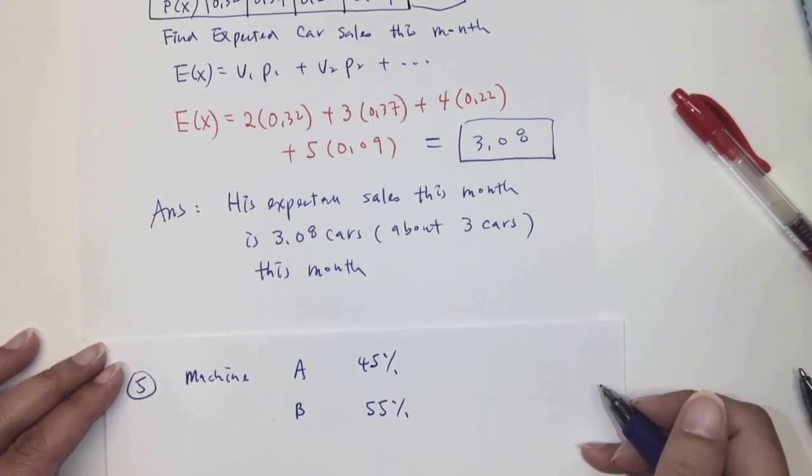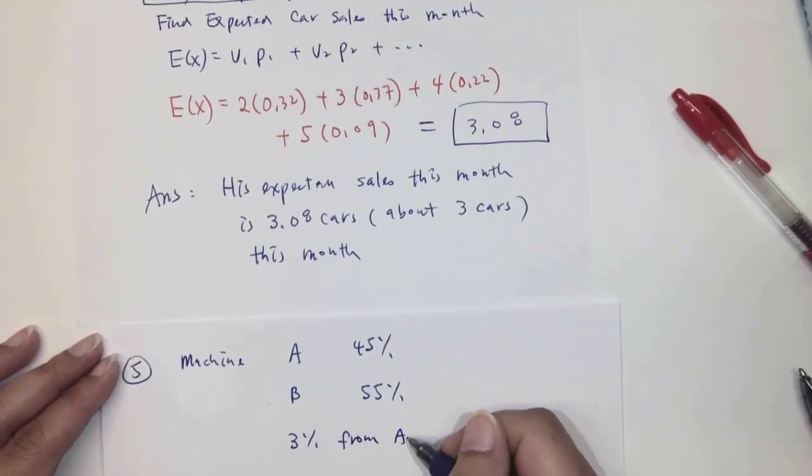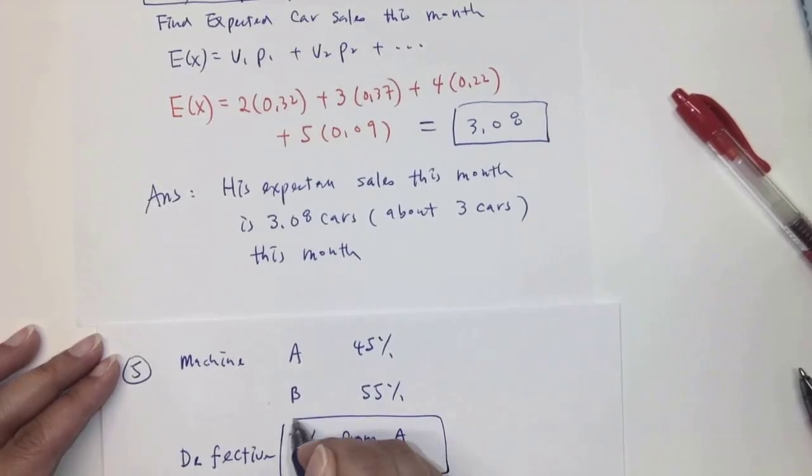The company's quality control department determined that 3% of the items produced from A are defective. So the defective part is 3% from A and then 1% from B.